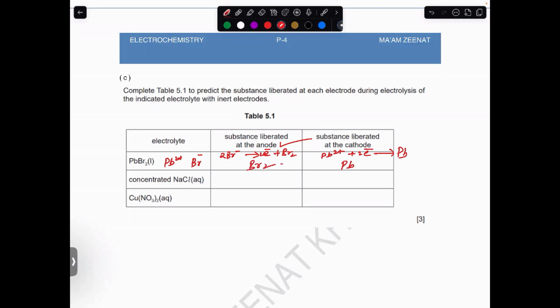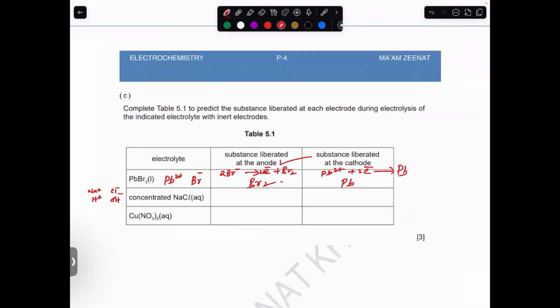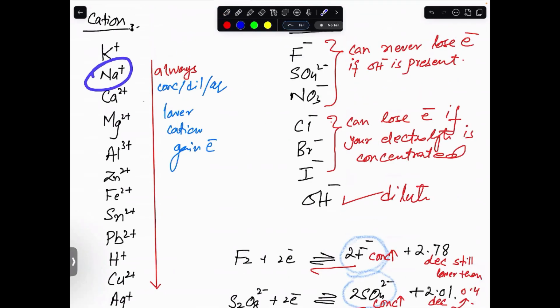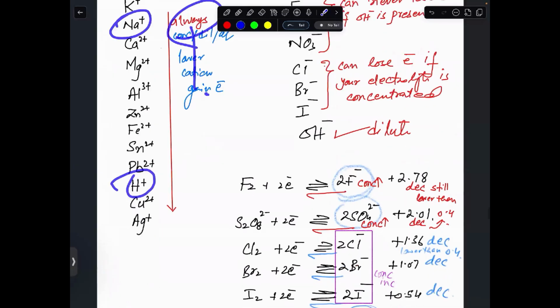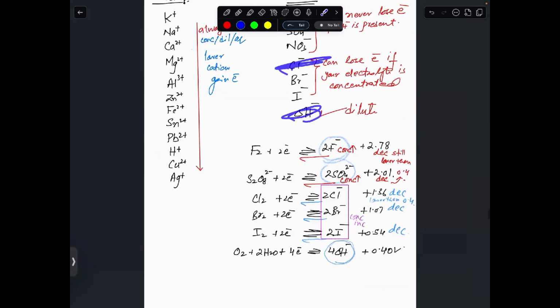Now it is concentrated. So Na plus, chloride, H plus, OH. Among Na plus and H plus, it's always the lower one, H plus. In concentrated, is it chloride or OH? Definitely chloride.